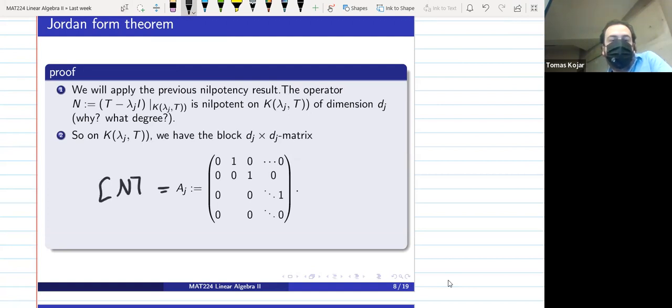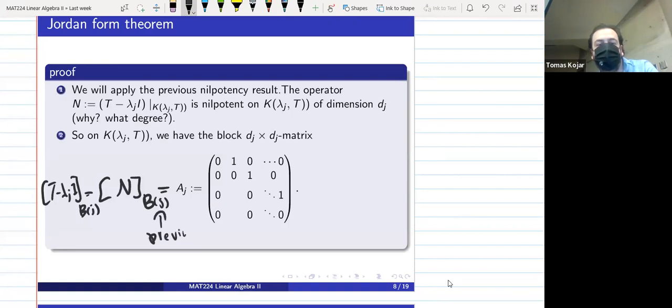So this is N of B, one of the bases, which we defined as T minus lambda_j I. This is from the previous result, that you can find the basis so that you can write it like this. I think that's okay.